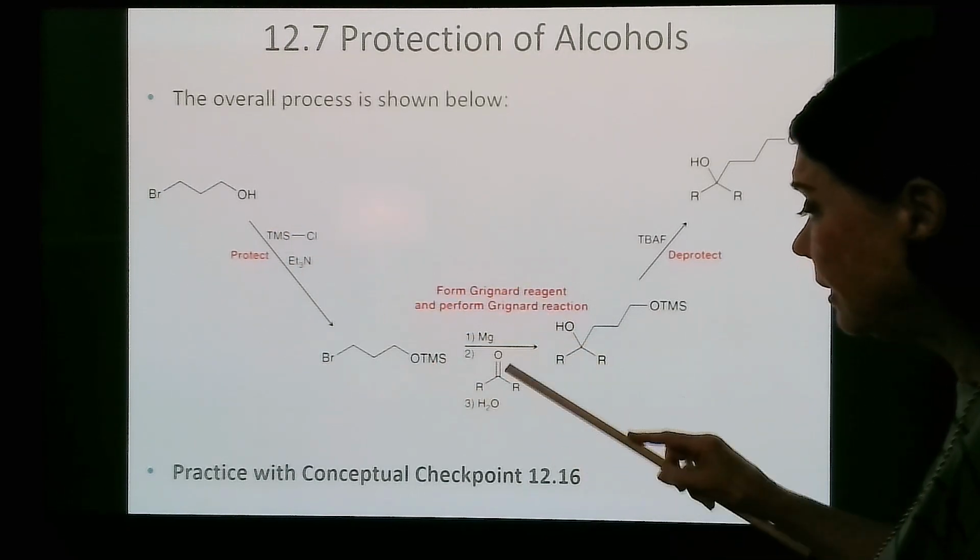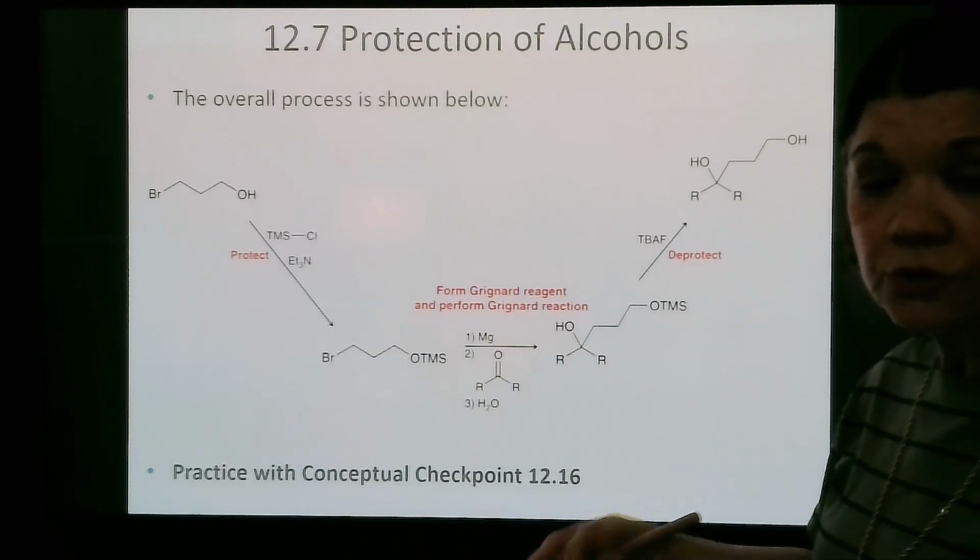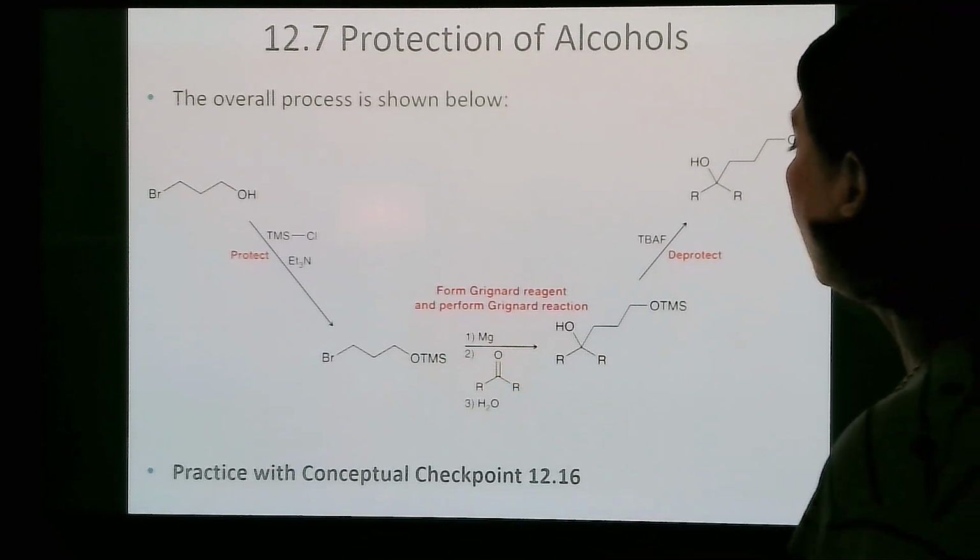You might want to work through all those steps that I just said, work through them on paper.